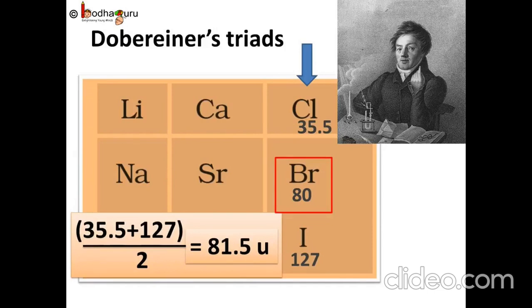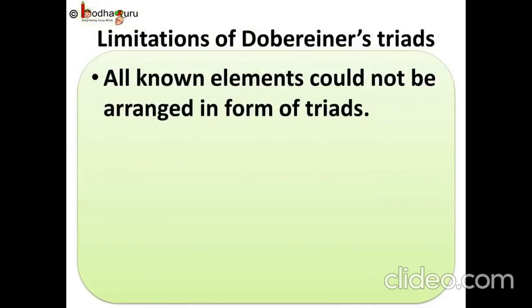And this is approximately equal to the atomic mass of the middle element, which is bromine, and it is equal to 80. So we see Dobereiner only managed to find 3 such triads based on similarities in properties.